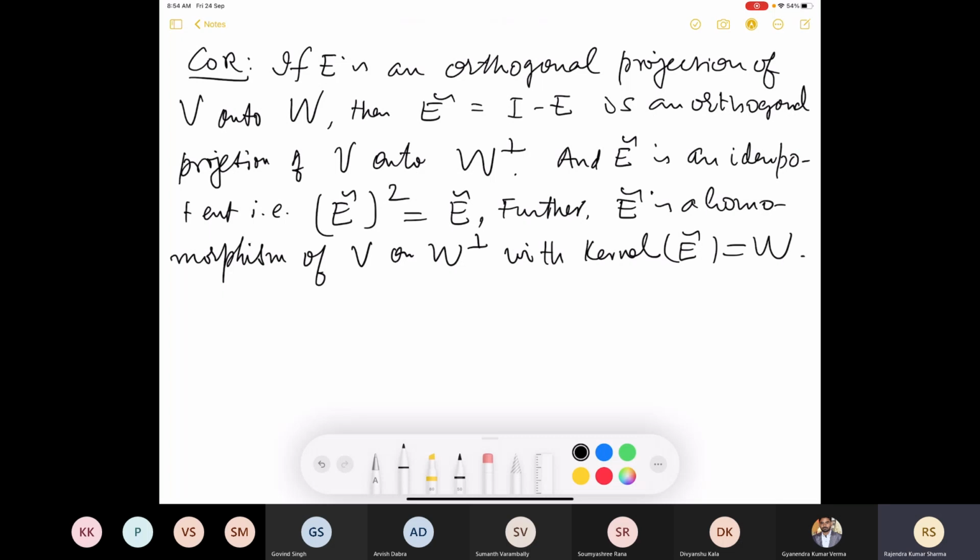This is also almost over. Some people use the notation phi. Some use pi, because this is a projection. Some people will use E for orthogonal projection, because this is an idempotent.